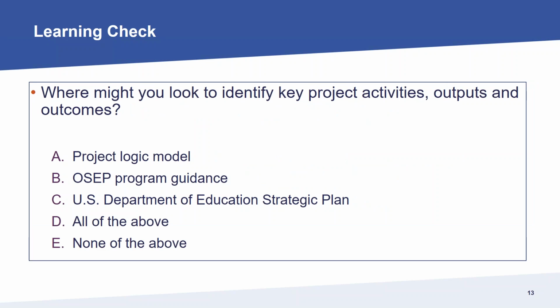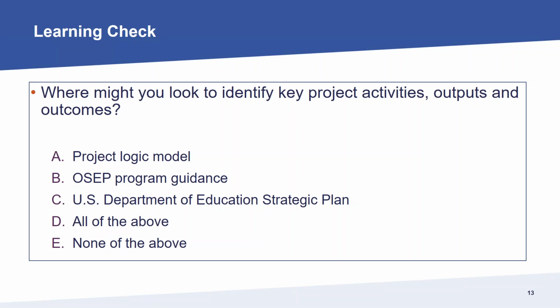The next question that we have for you is, where might you look to identify key project activities, outputs, and outcomes? The project logic model, OSEP program guidance, U.S. Department of Education strategic plan, all of the above, or none of the above?